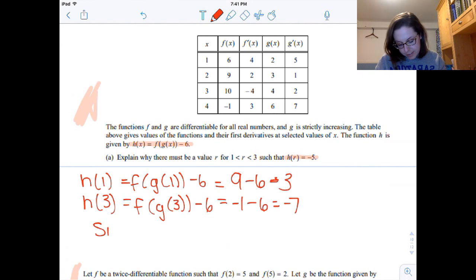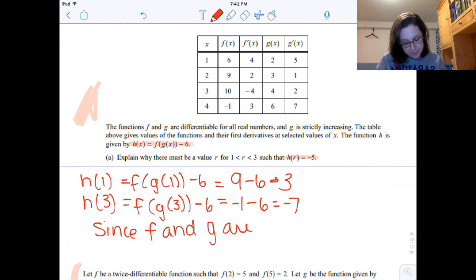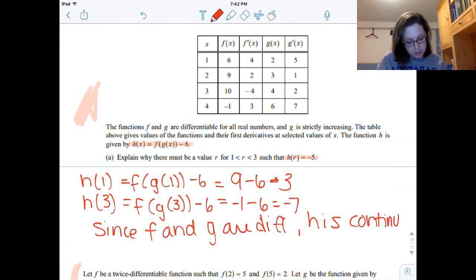Since f and g are differentiable, and I would write out differentiable, h is continuous on the closed interval 1 to 3.